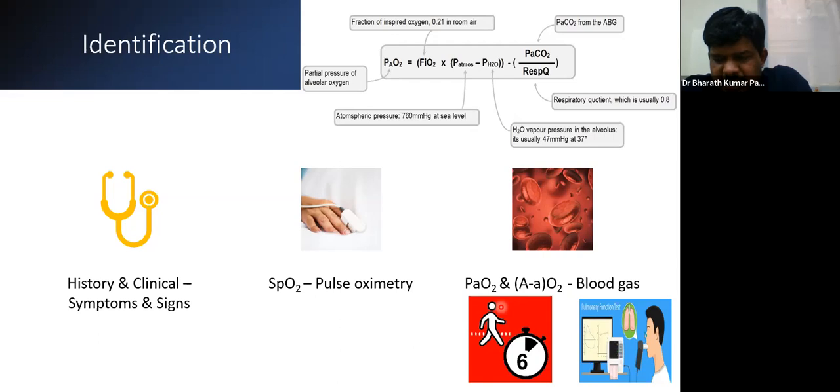The patient is connected to the pulse oximeter and does a shuttle walk of about 30 meters continuously for 6 minutes. If there is a fall in saturation of 4% during the walk, or in the saturation recorded after the walk, it implies that there is a significant pathology causing hypoxemia. That could be various pathologies, which we'll be seeing later on.